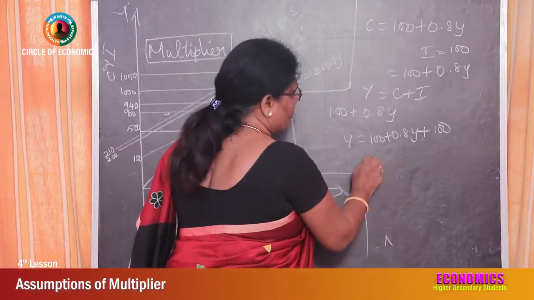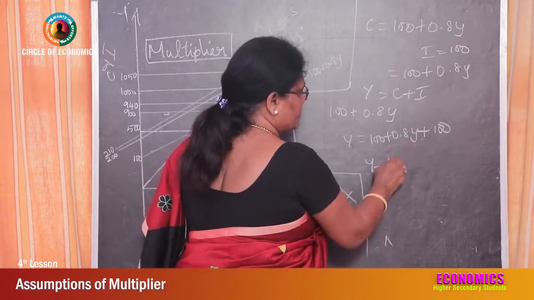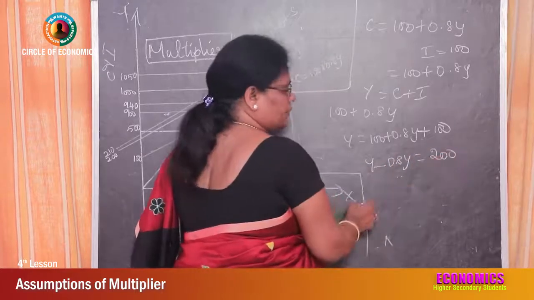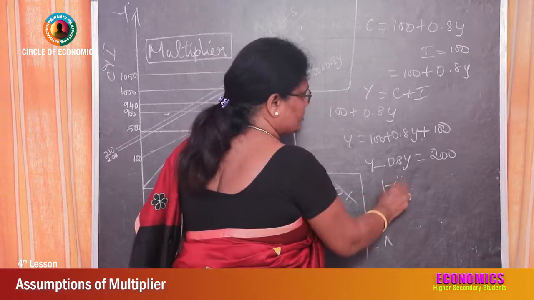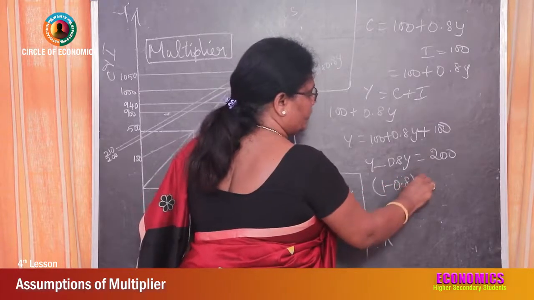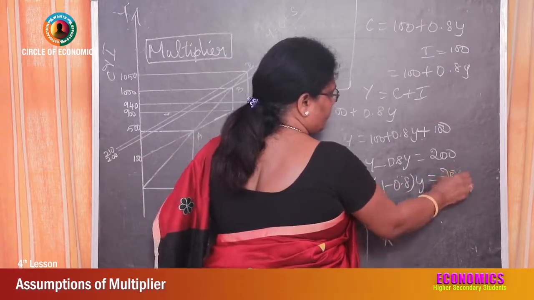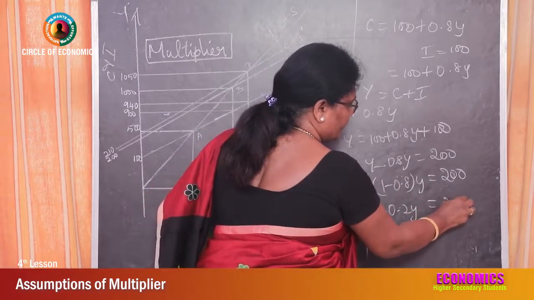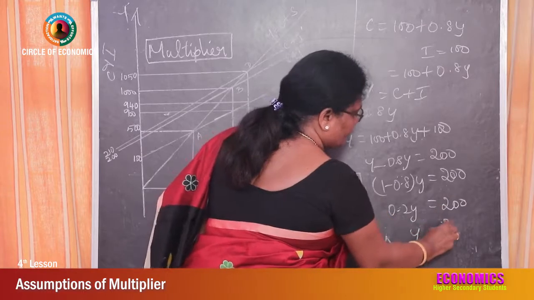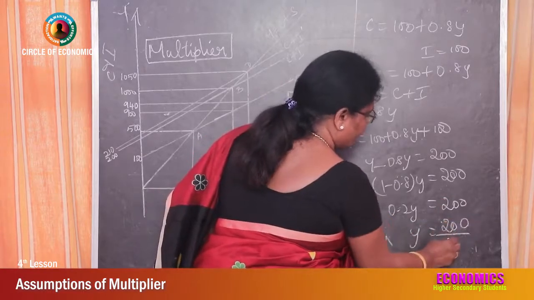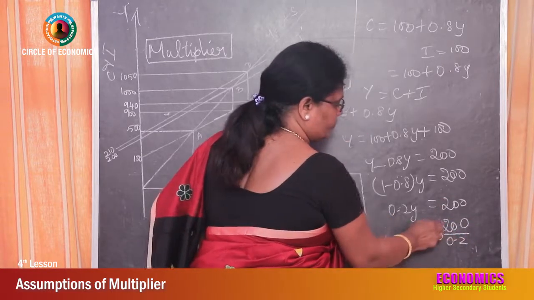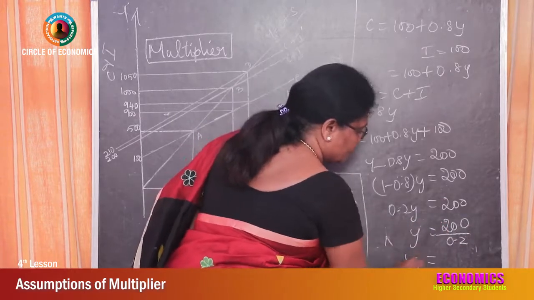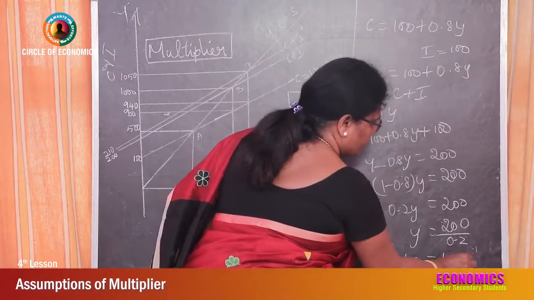So Y minus 0.8y is equal to 200. Okay, that means 1 minus 0.8 Y is equal to 200. 0.2Y is equal to 200. Then Y is equal to 200 divided by 0.2. So how much are you getting? Y is equal to 1000.